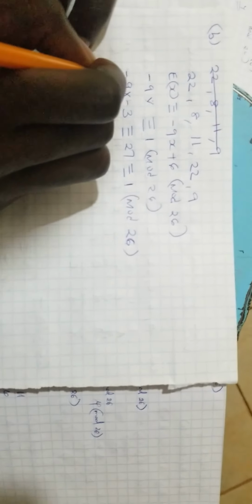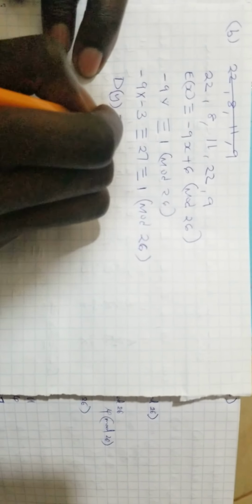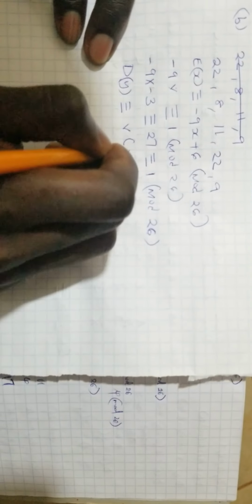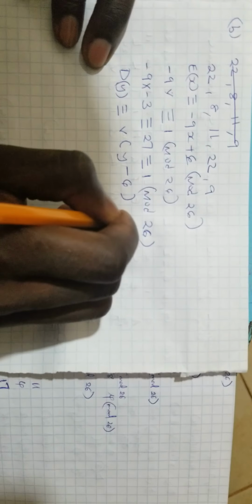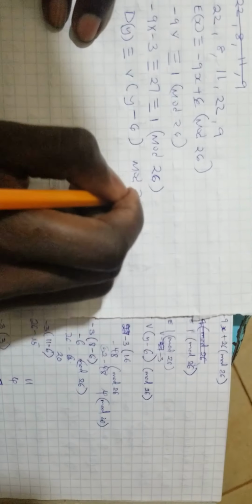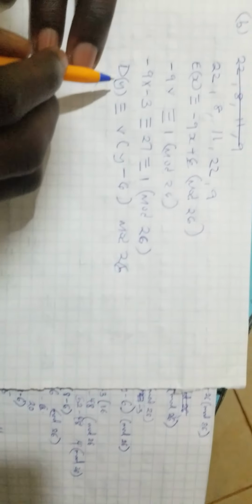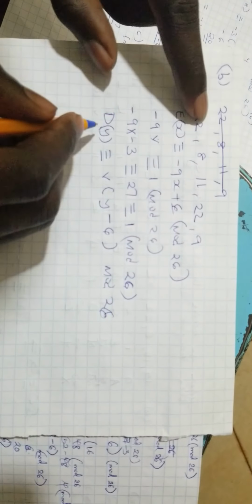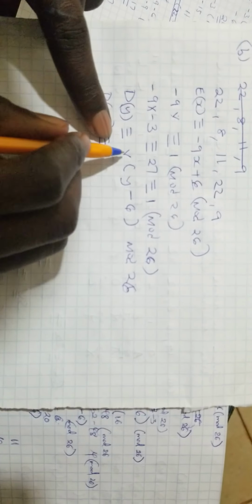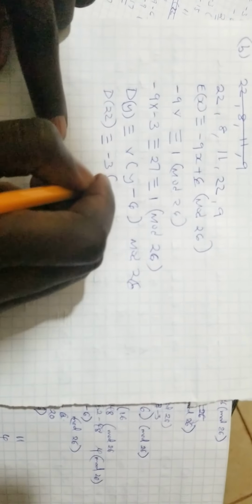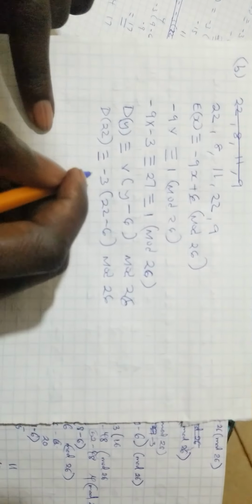So our deciphering function will be D(y) congruent to v times (y minus 6) mod 26. So our y is 22: D of 22 is congruent to v, our v is negative 3, our y is 22 minus 6 mod 26.